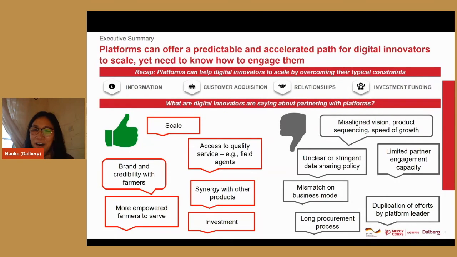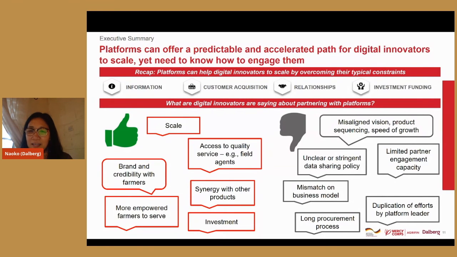Other challenges are stringent or unclear data sharing policy: what to do with my data, what's going to happen to my data. Mismatch on business model: I want a fee for service, but they want us to do a co-invest. Long procurement process, needless to say, and limited partner engagement capacity from the platform side: I had a meeting last month and I haven't heard anything back.